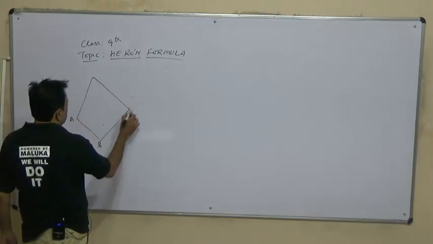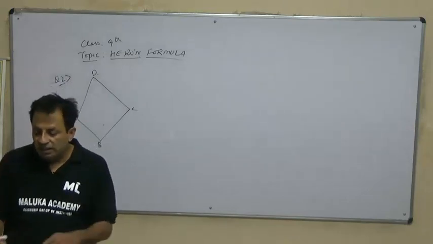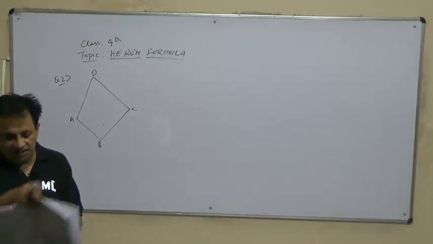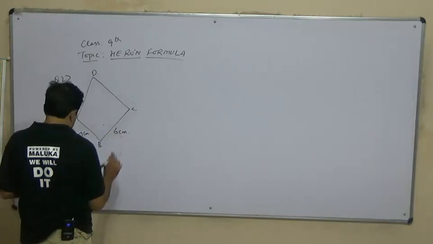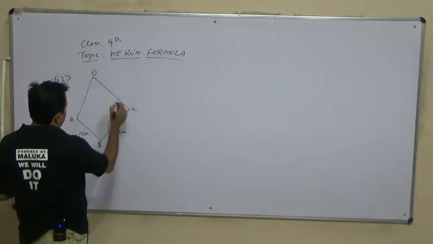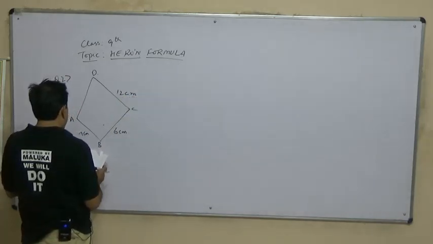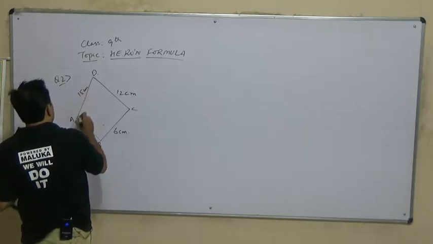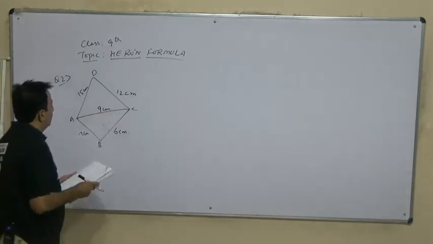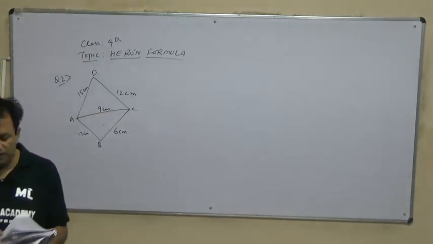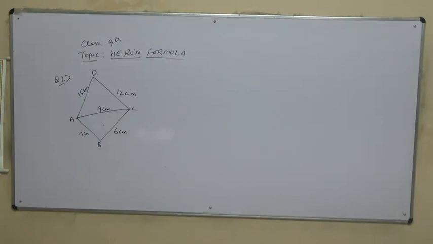Question second for today, in which we are given AB is 7 centimeter, BC is 6 centimeter, CD is 12 centimeter, AD is 15 centimeter and AC is given as 9 centimeter. We have to find the area of this quadrilateral ABCD.